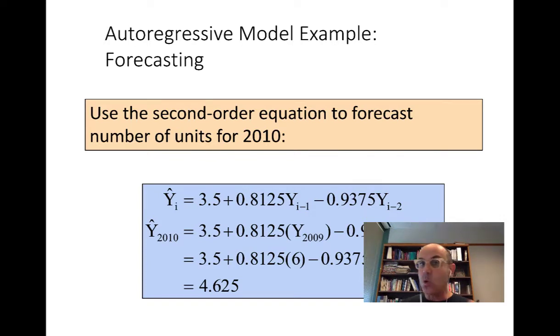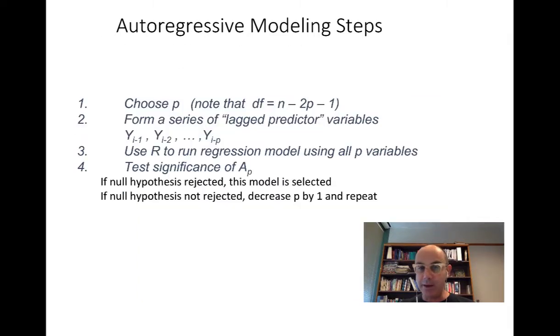But in this case, how do we apply that if we do not have R? We have to have all the values in place, and we will need to apply 3.5 plus the 2009 value plus the minus 2008 value, and that will give us the value in order for us to find the value for 2010.